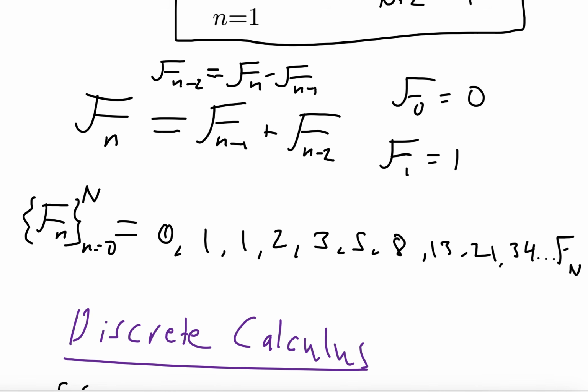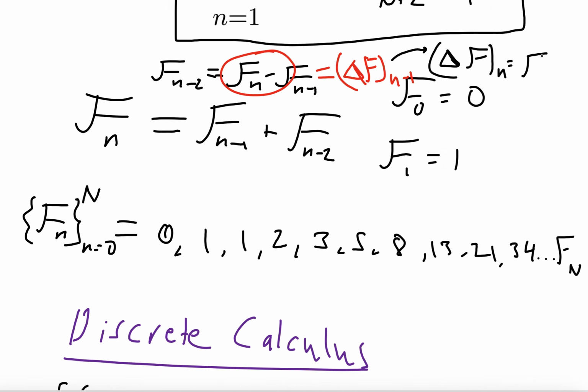And guess what? This, by definition, is equal to the forward difference of f at n minus 1. All right? And so right away you could deduce that in general, if fn minus 2 is equal to the forward difference of f at n minus 1, then delta f at n is equal to f at n minus 1.